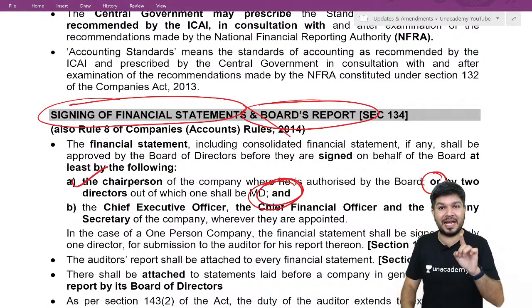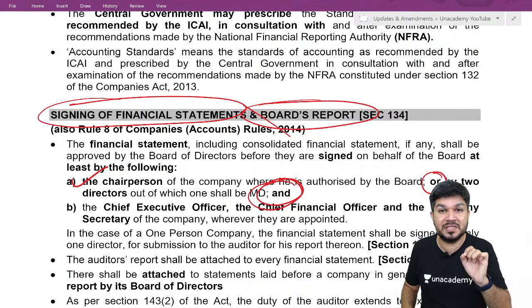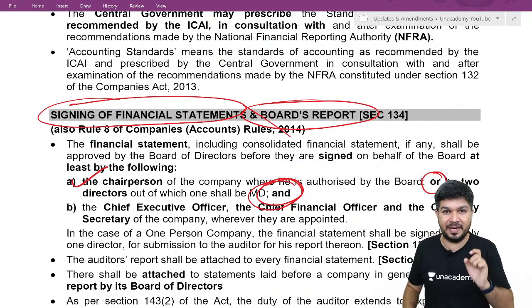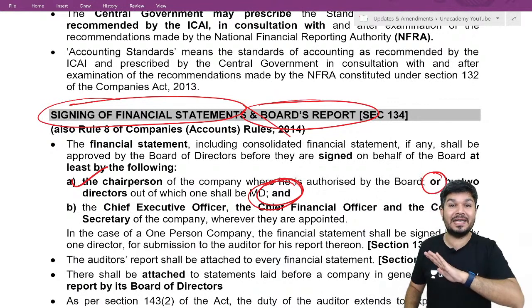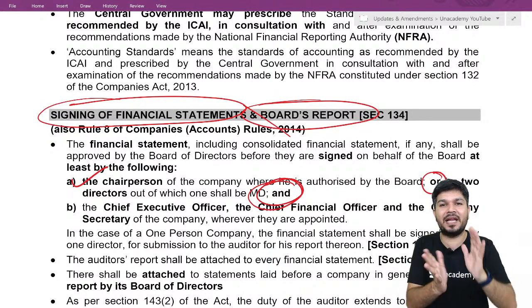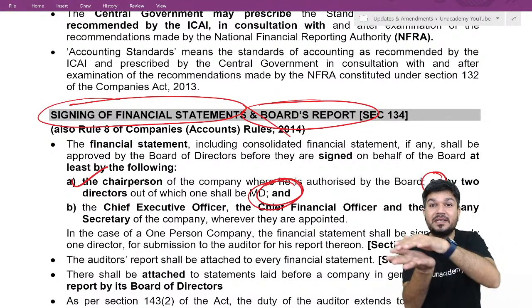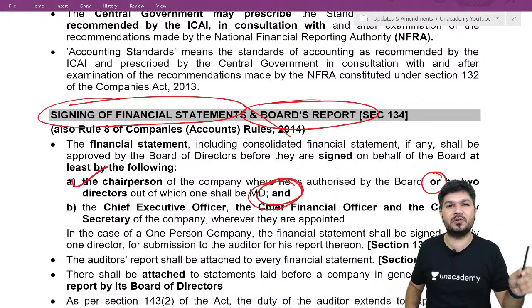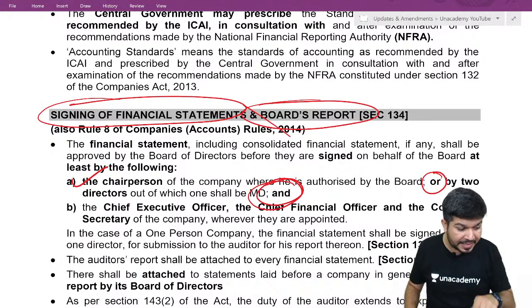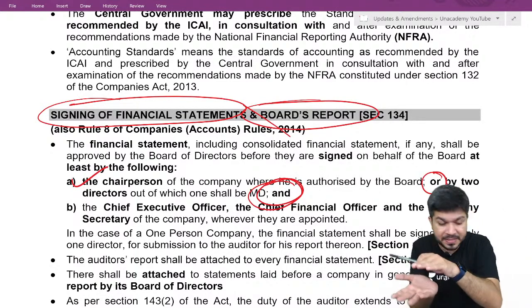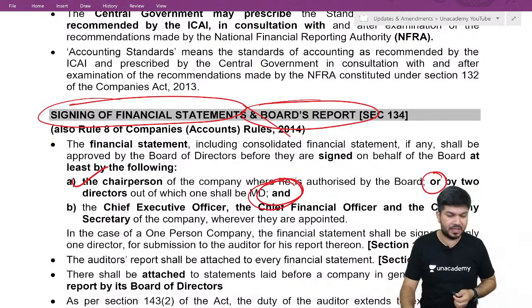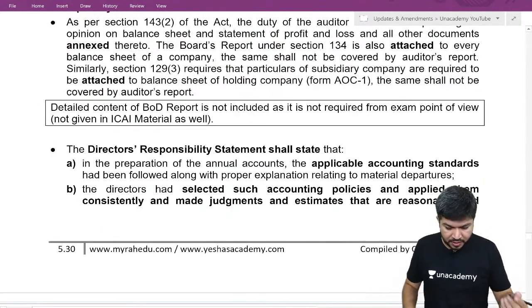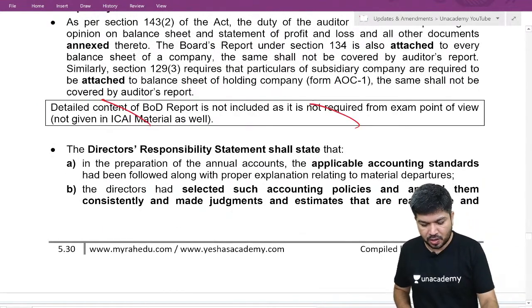We audit the financial statement and anything which is annexed thereto. Annex means which is a part of it. The board report is not annexed, it's attached to the financial statement. Attach means just presented together. So the BOD report content is not relevant for us.